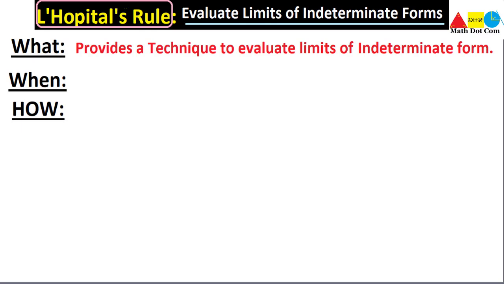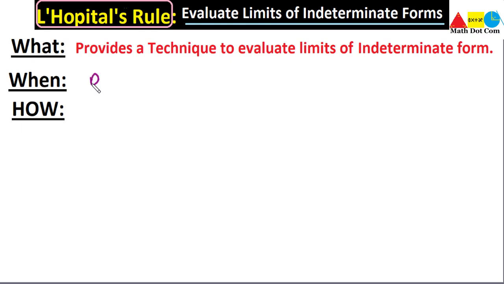Now we move towards when you have to use this technique. You have to use it when you evaluate a limit of a function that is otherwise impossible or gives an indeterminate form. So let's write the indeterminate forms here.